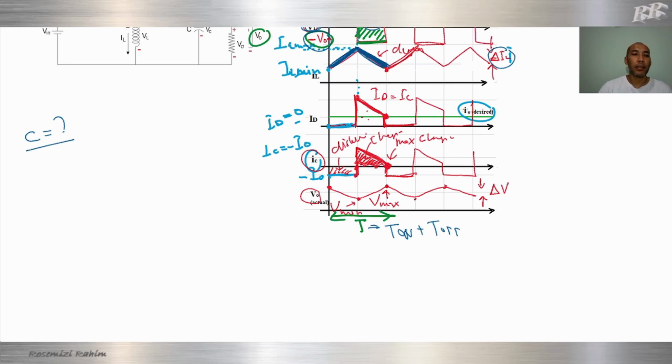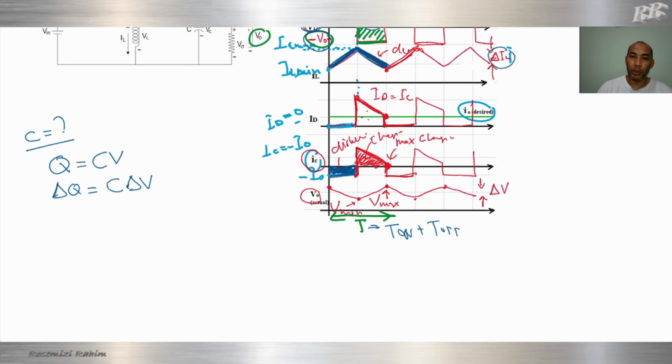Okay, we know that charge is equal to C times V. So the change of charge equals C times change of V. The change of charge is equal to the charging time or discharging time area. This is the discharging time.